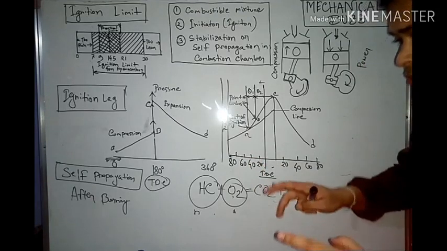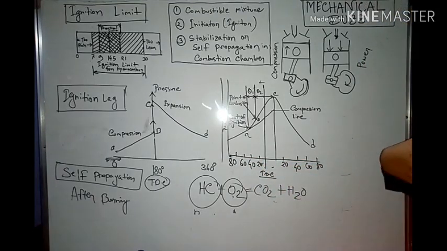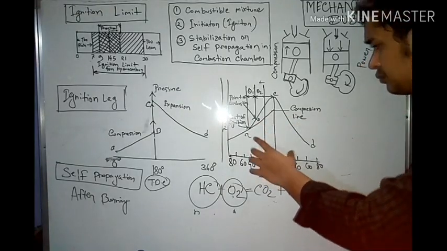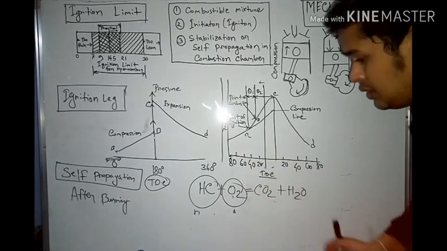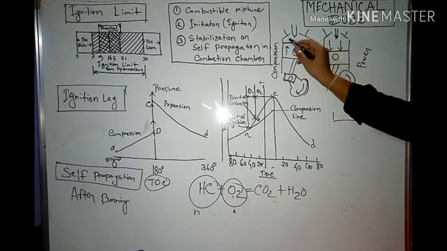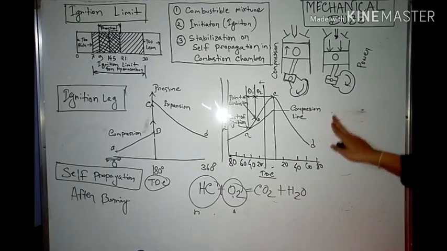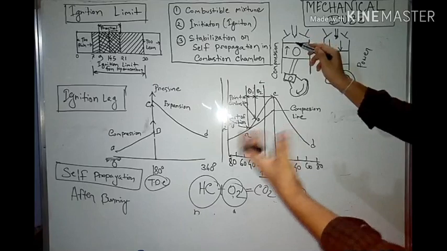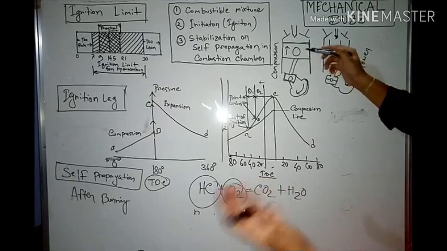It ignites itself, and then it propagates. Actually, I need to draw here. Think that this is the combustion chamber over here. Okay, so the spark plug has fired, or the spark takes place.